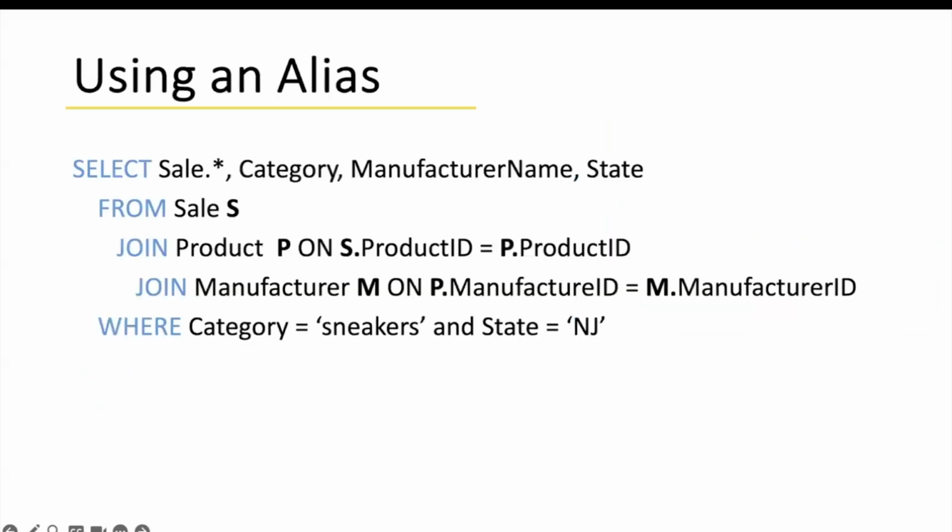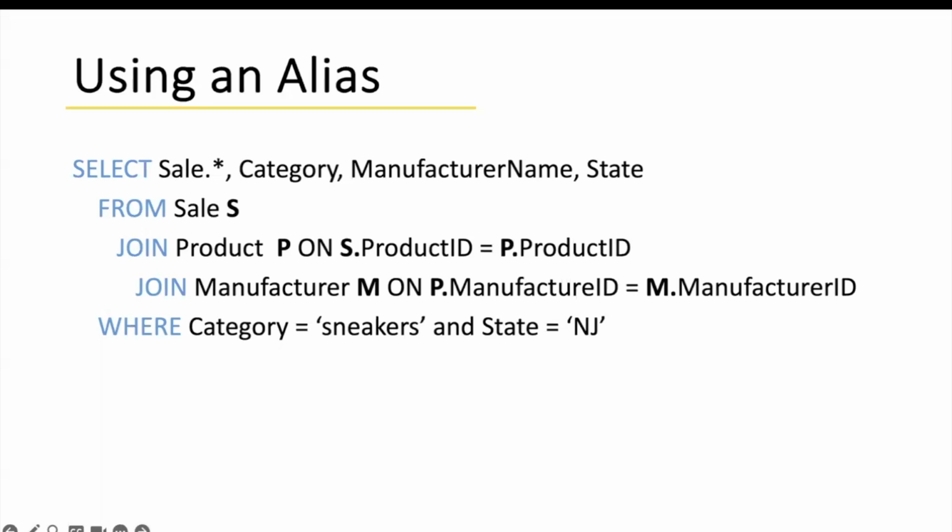As you probably figured out by now, SQL statements can get really complicated, especially when many tables are involved. A very good practice to face this challenge is to use aliases, which are short names for tables or columns.